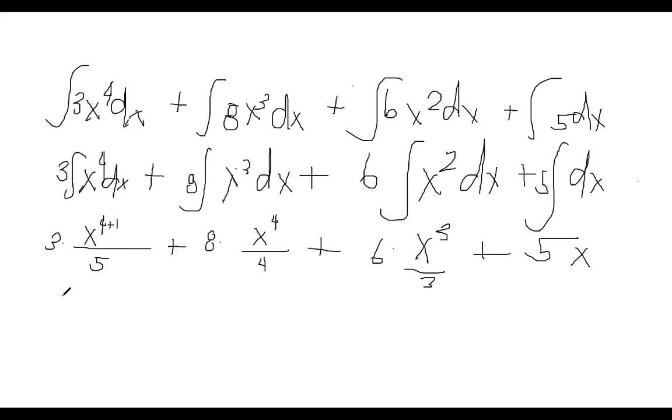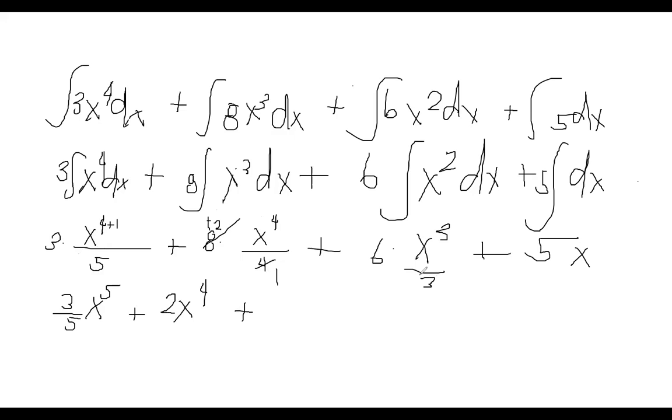So we have 3/5 x to the power of 5. And on our second term, it can be simplified further. 8 over 4 is 2, so that's 2x to the power of 4.